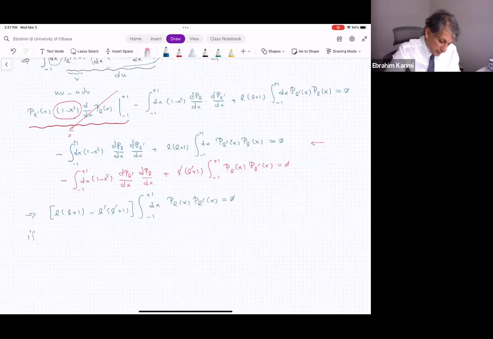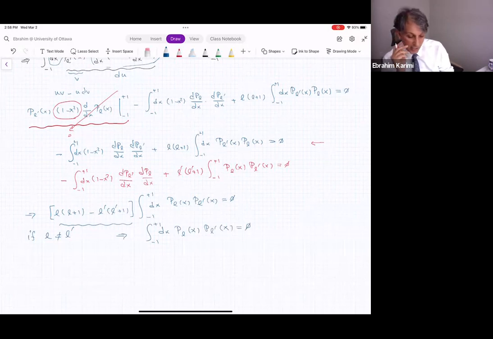If L is not equal to L prime, then the term inside the bracket is not equal to 0. So therefore, in order to satisfy this expression, the integral of P_L(x) P_L'(x) must be equal to 0.